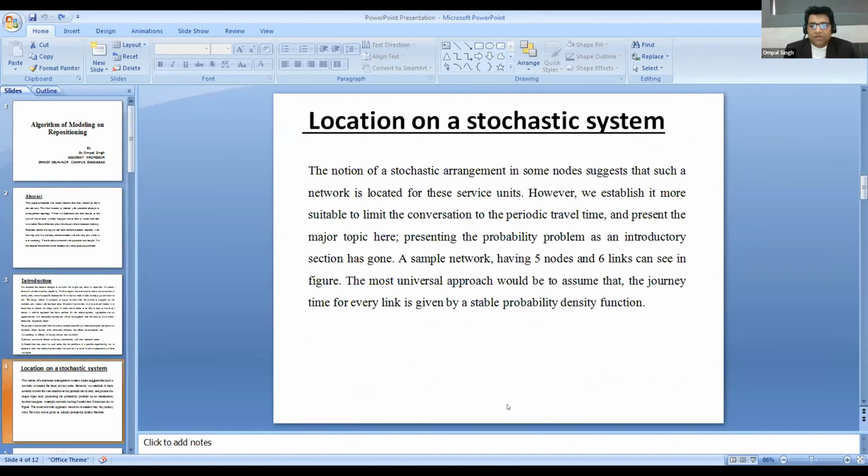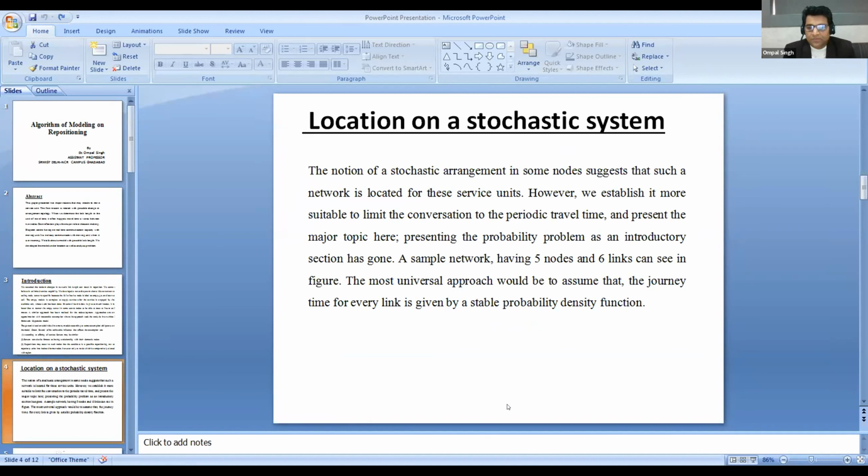Next, location on a stochastic system. The notion of stochastic arrangement in some nodes suggests that such a network is located for these service units. However, we find it more suitable to limit the conversation to the periodic travel time and present the major topic here, presenting the probability problem as an introductory section. A simple network having 5 nodes and 6 links can be seen in the figure.